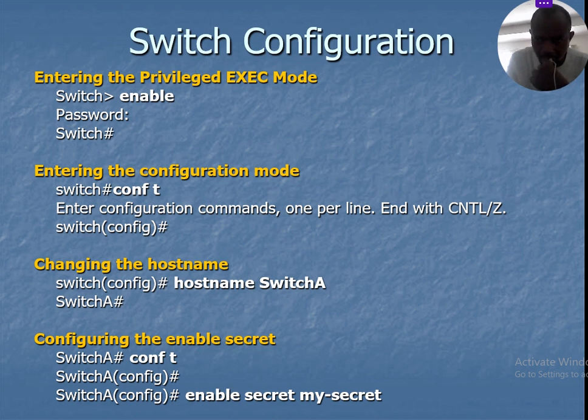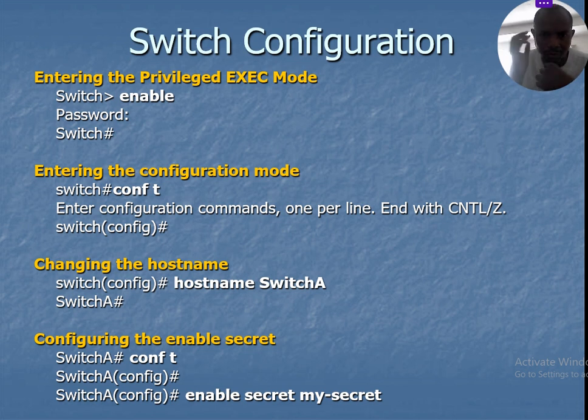Once you do that, you are in the enabled privileged execute mode. Then you type switch hashtag, which puts you in the execute mode. You can type or configure any other thing afterwards.